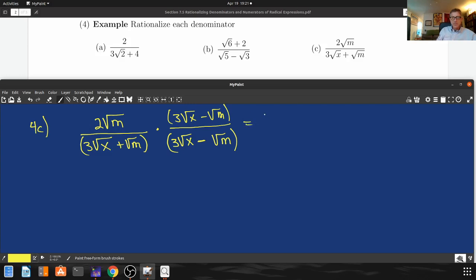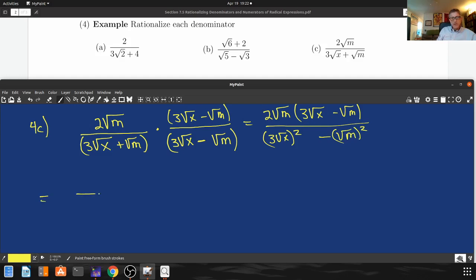So this top is going to be 2 on the square root of m, the numerator, times 3 on the square root of x minus the square root of m. We'll be able to simplify this. Down here, it's going to be 3 on the square root of x squared minus the square root of m squared.